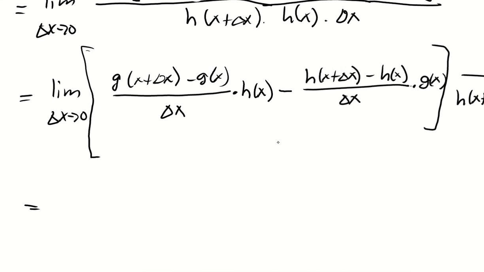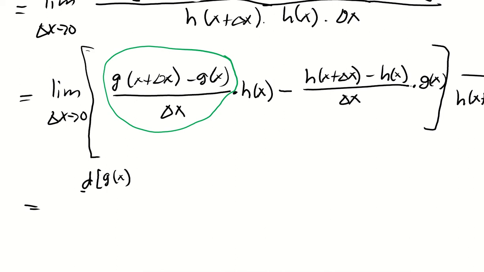So the limit of this part as delta x approaches 0 is equal to the derivative of g of x with respect to x. Then I multiply it with the limit of h of x. What's the limit of this one as delta x approaches 0? It will remain the same, so I just multiply it with h of x.